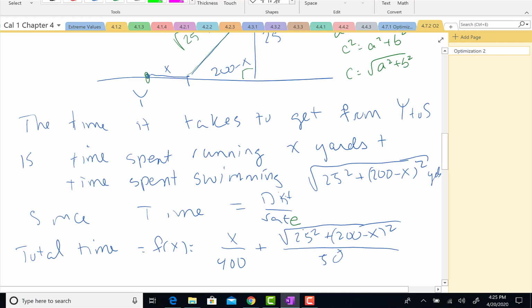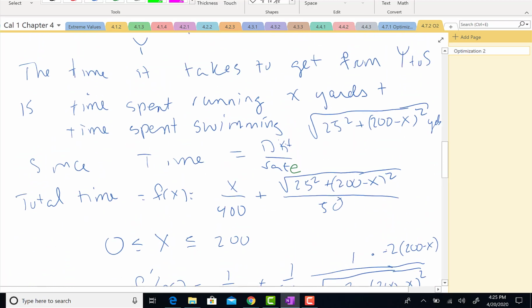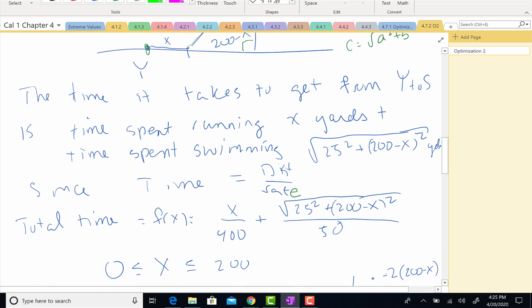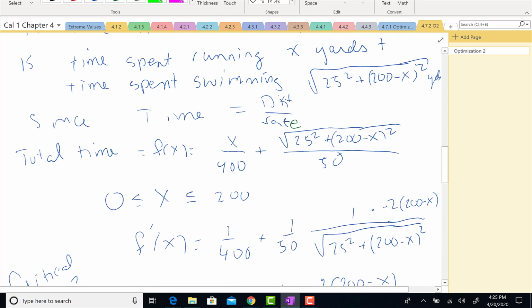So that'd be the square root of 25 squared plus (200 minus x) quantity squared, all over 50. And of course, x is somewhere between 0 and 200.